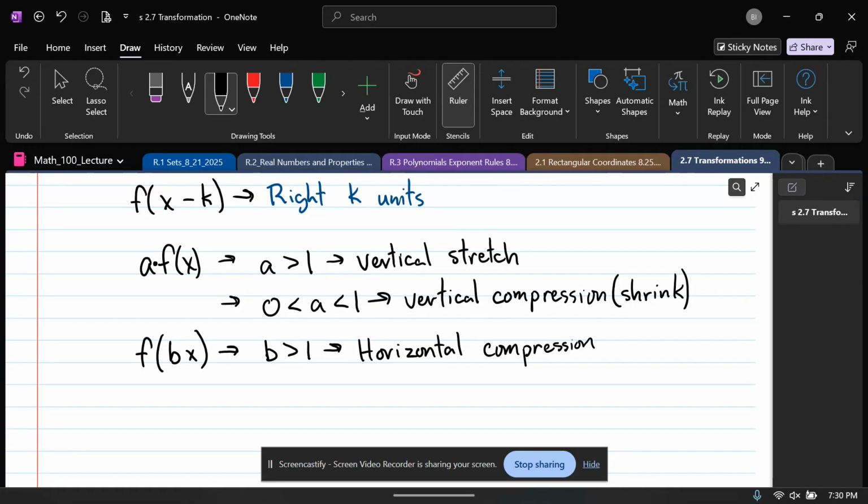If you compress something horizontally, if I take my water bottle and I compress it horizontally, what happens to it? It gets skinnier, right? So horizontal compression makes it skinnier.